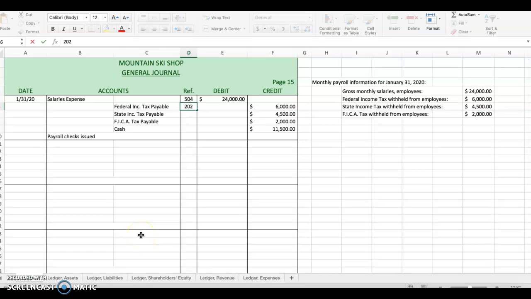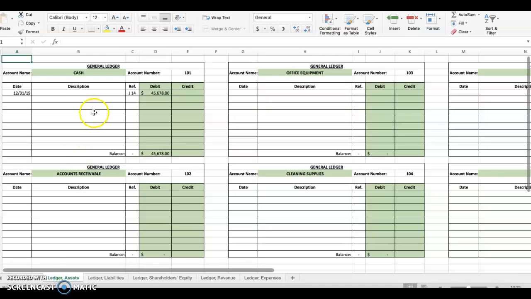Back into the journal. We do the same thing with the state and the FICA, as I said, and these two accounts are credited because they're credited in the journal entry. And finally, cash is credited in its asset account, which reduces the balance.